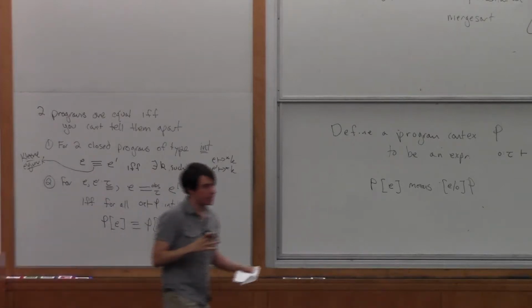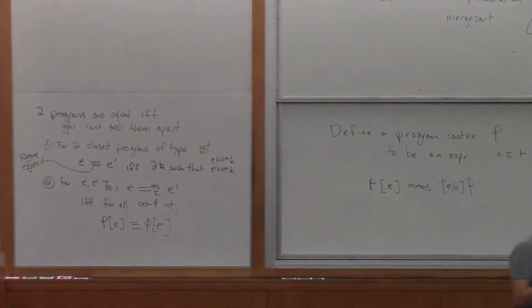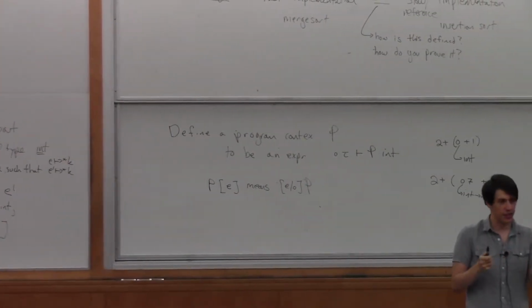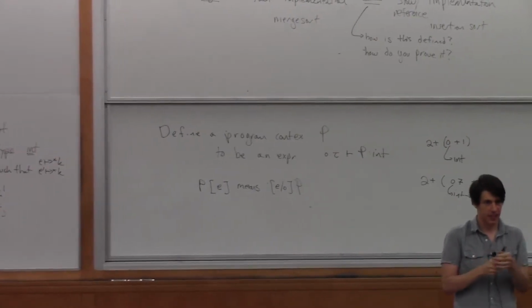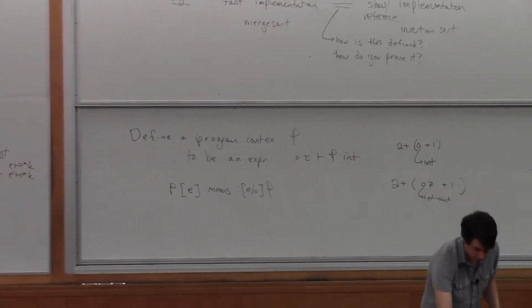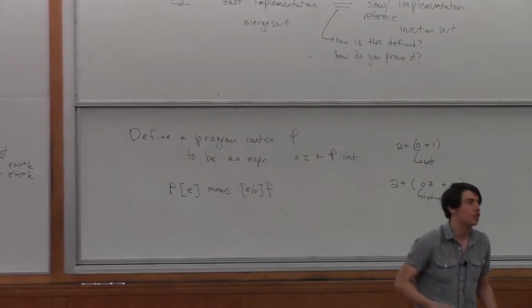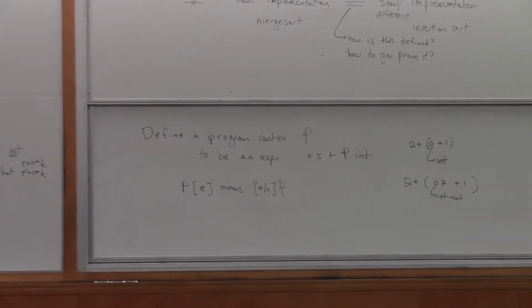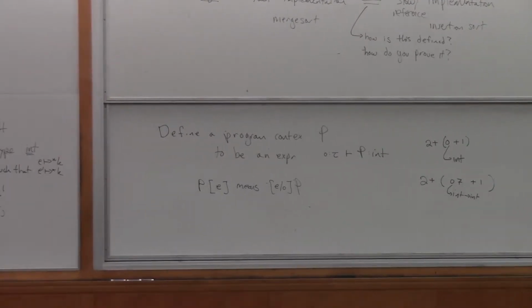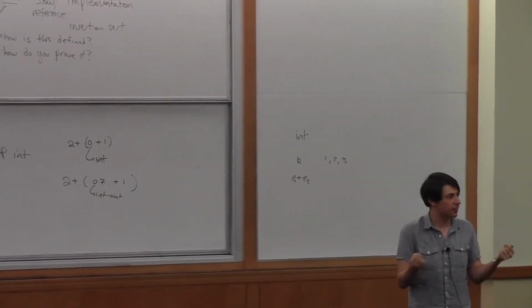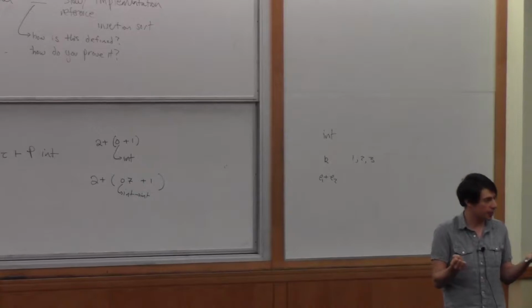So that's the one that says for two programs that have the base type int, they run to the same thing. Okay? And now our notion of two programs of some type other than int, like int arrow int, being equal: what does it mean that we can't tell them apart?